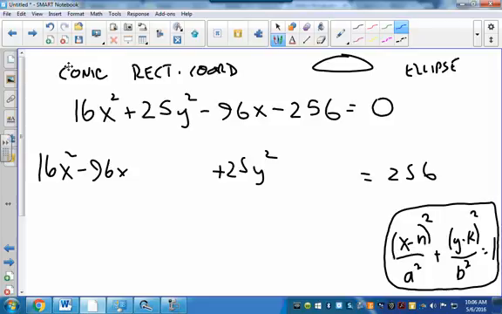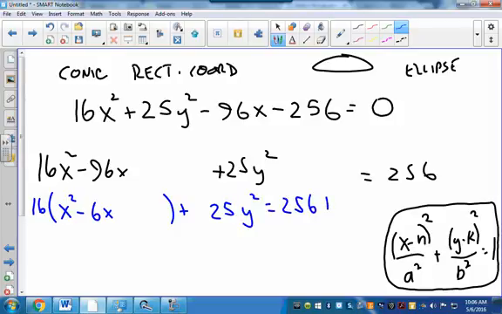Relatively straightforward problem, I trust. Take the 16 out. So you have x squared minus 6x, leave a gap, make sure you put a number in there. This one's already a perfect square, there is no need to complete the square here, so just 25y squared. 256 plus how much? It's gross, whatever it is. It's not 304.